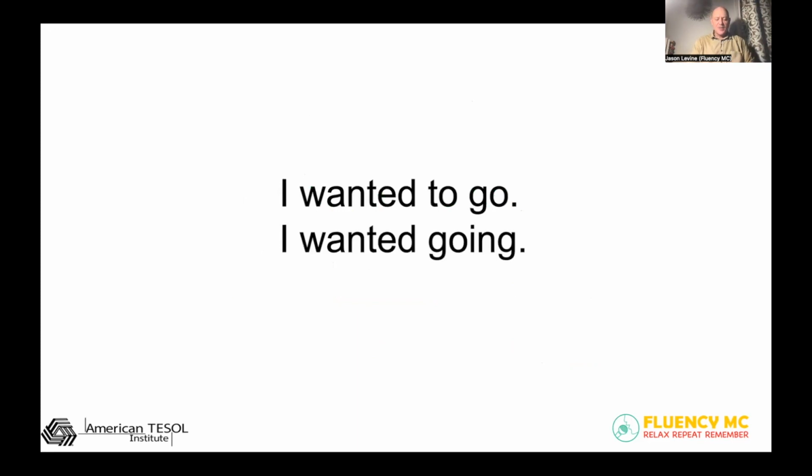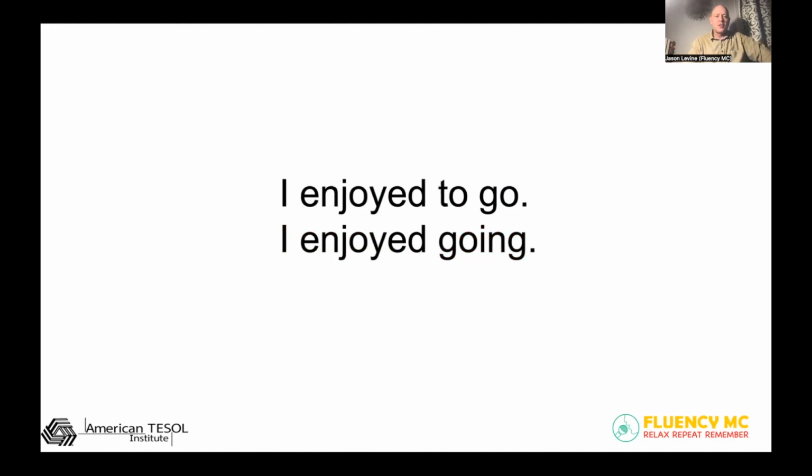And this is how it relates to grammar. You probably say this is a grammar issue, right? But really, it's a chunk issue. I want to go sounds correct because you've heard it and seen it so many times. Can't really explain it well from a grammar approach or even a logic approach. I enjoyed to go, no, sounds wrong, looks wrong.